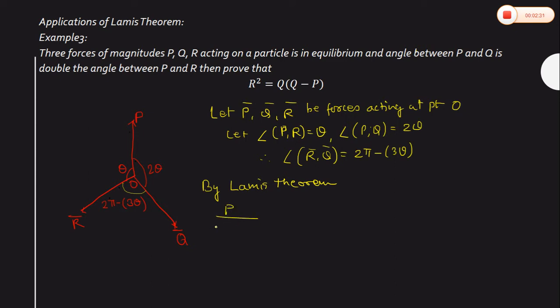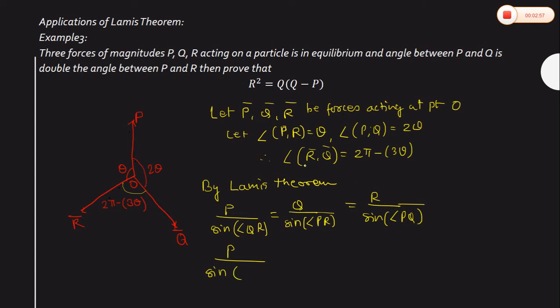P divided by sine of the angle between Q and R is equal to Q upon sine of the angle between P and R, and it is equal to R upon sine of the angle between P and Q. We know all the angles, therefore it can be written as P upon sine of 2 pi minus 3 theta, equal to Q upon sine theta, equal to R upon sine 2 theta.